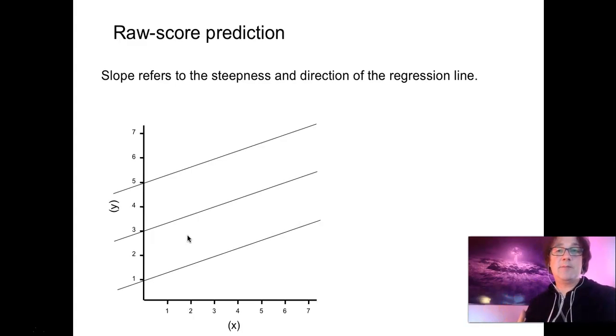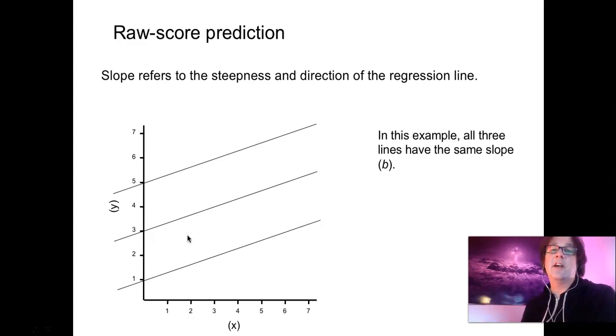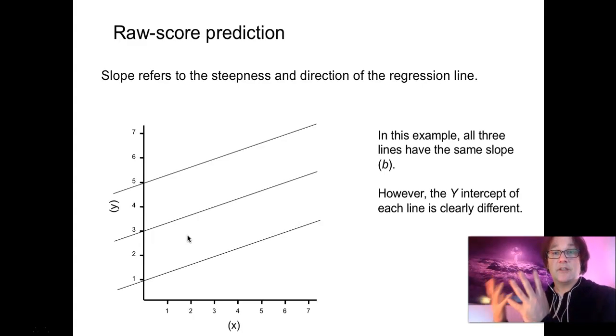They have the same steepness, the same slope, but they all have different y-intercepts. So their b values will all be the same, even though their a values are different. Hopefully by visualizing what the y-intercept and slope look like, this gives you a better idea of what those a and b values are actually doing.